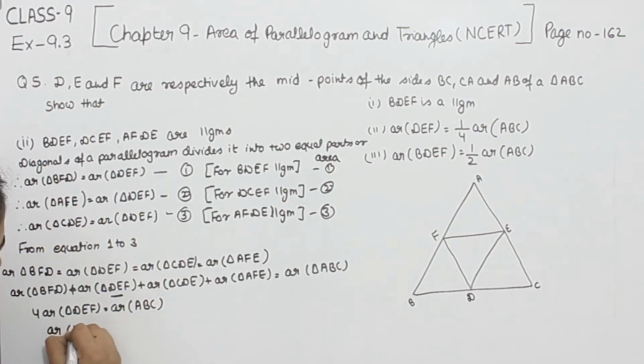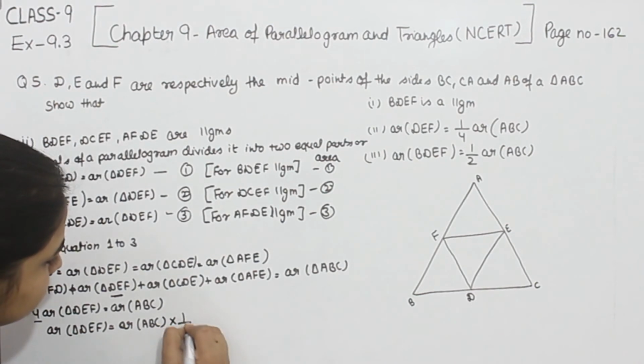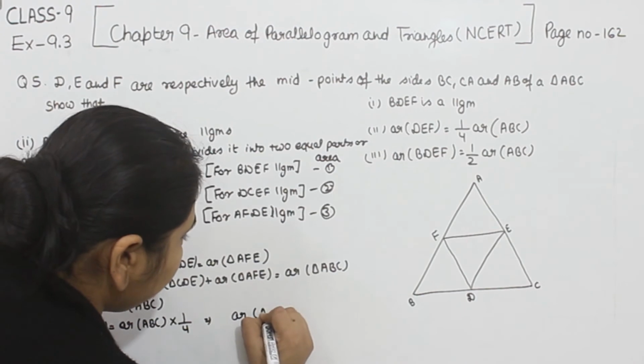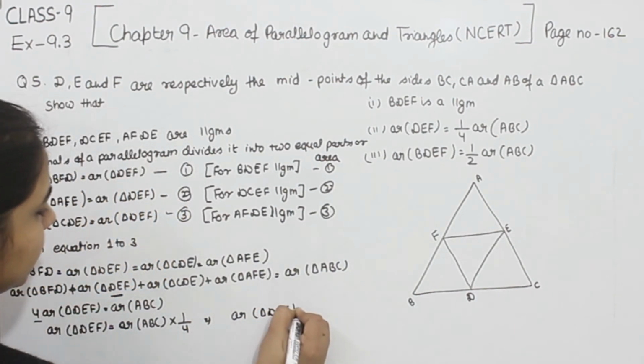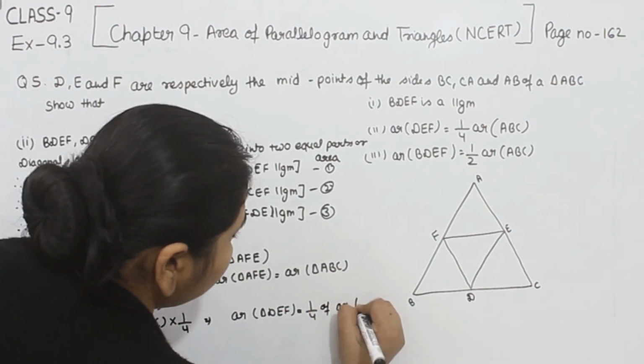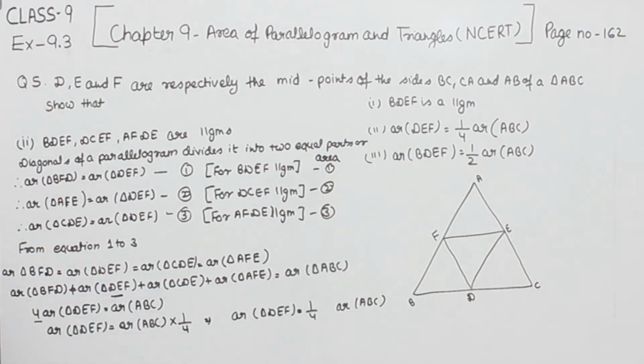We are going to transpose this 4. It is multiplying, so on the right hand side it will divide. So the area of triangle DEF is equal to 1/4 of the area of triangle ABC. This is what we had to prove, hence proved. So this is part 2.